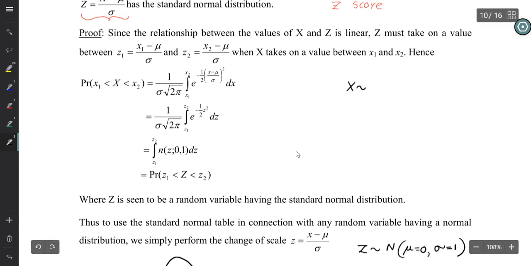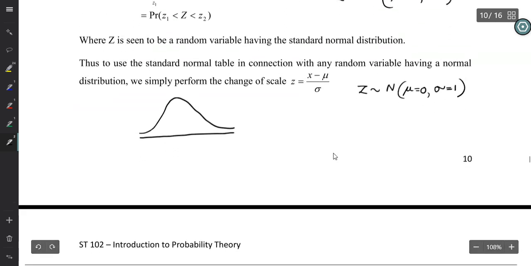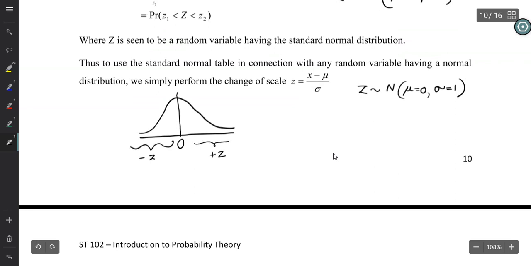Your x is normal with any mean mu, any standard deviation sigma, but after you standardize it, x minus mu over sigma, this z will follow a standard normal distribution, which means you have a 0 mean and standard deviation 1. Now, if you draw the bell curve for the standard normal distribution, it is symmetric about the mean, which is 0. So you have all negative z-scores and all positive z-scores to the left and to the right, respectively.